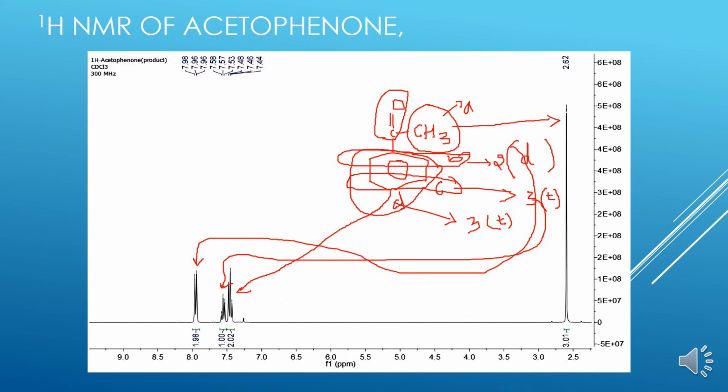High resolution in the sense that the applied magnetic field is more. This was the main reason for splitting. Resolved peaks are obtained at higher megahertz NMR spectrometers only. If your NMR is low megahertz, 100 megahertz or 60 megahertz, then only single peaks are observed even if it is a multiplet.